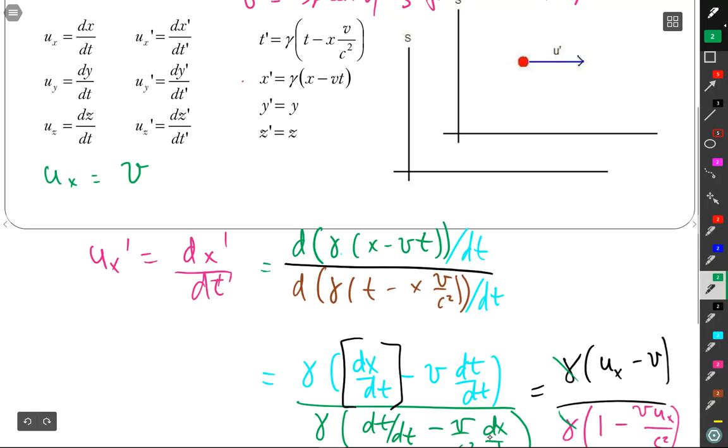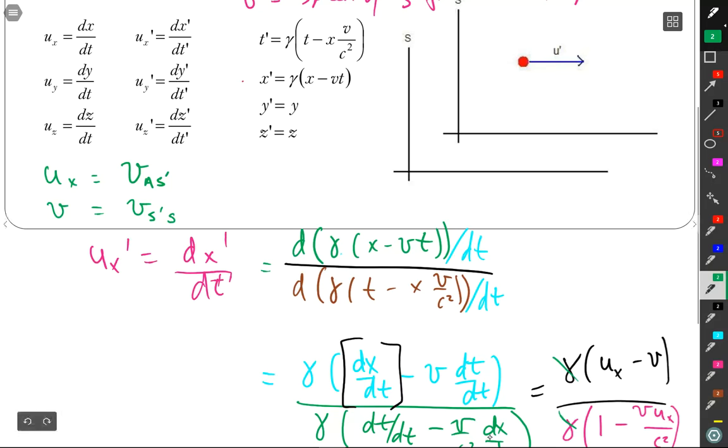I don't want to use O because it looks like original, so I'm going to put A for my object with respect to the S frame, and v is the speed of S prime with respect to S.